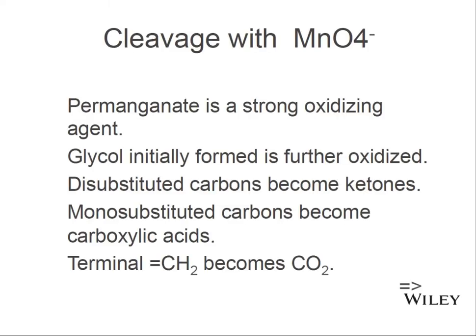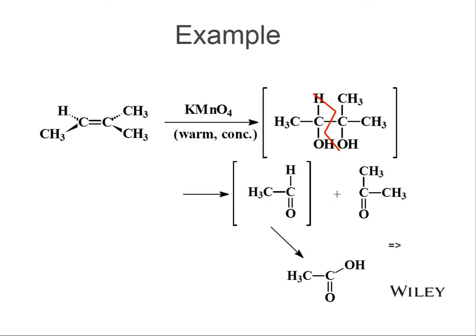Another condition that does the exact same thing is potassium permanganate, or permanganate, but we usually see that as potassium, that's the counter ion for permanganate. So you're often going to see KMnO4 as the species that we use. And the result is the exact same thing. What happens is that this bond is going to be cleaved right there.